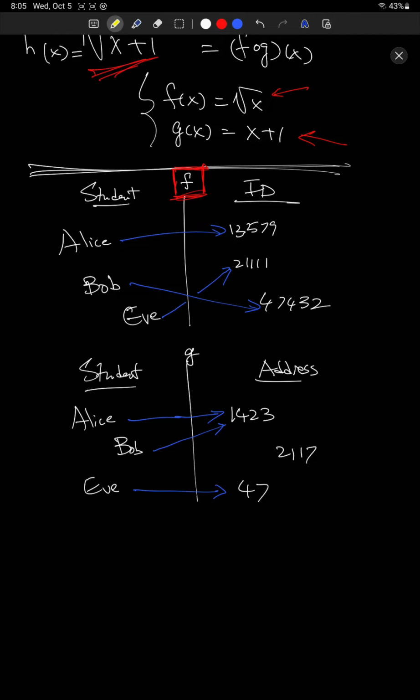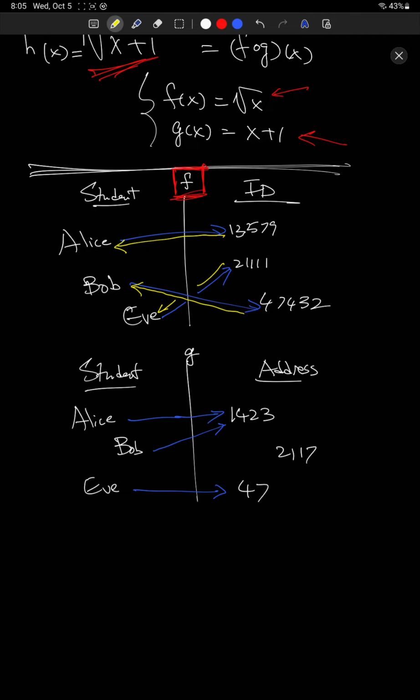So the backwards function, given an ID, I want the student who has that ID. So if I input 13579 in this backwards function, the output should be Alice. If I input 21111, the output should be Eve. And if I input 47432, the output should be Bob. Okay, no problem in this picture.